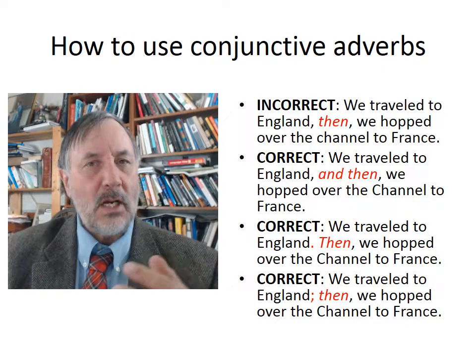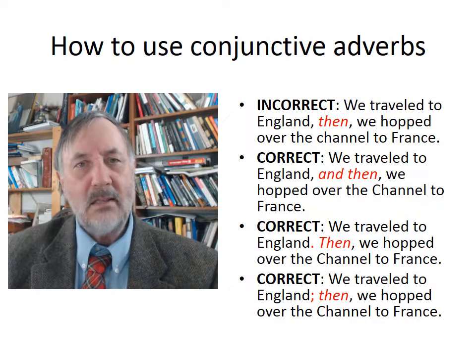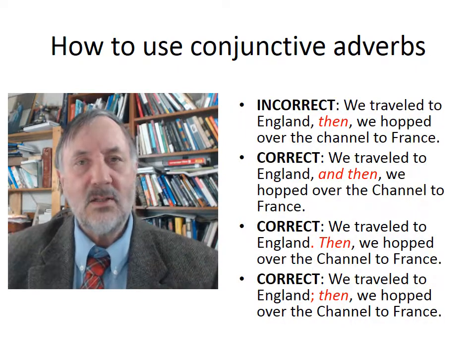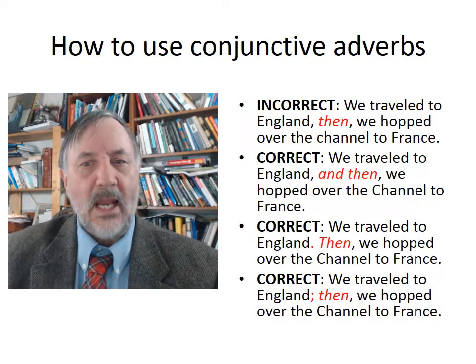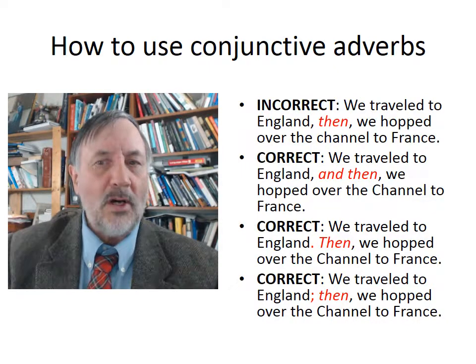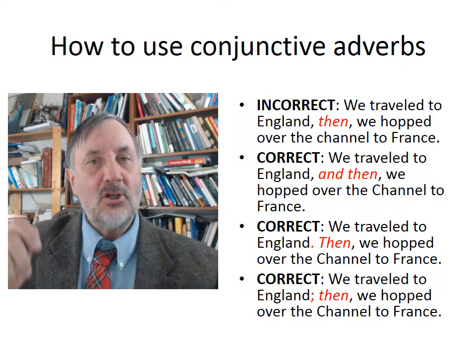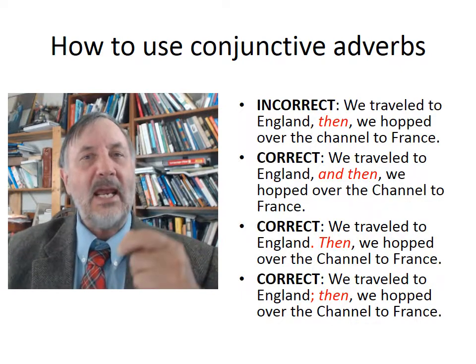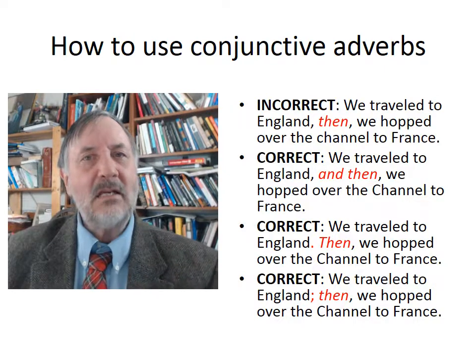So there are some possible alternative ways to write this pair of sentences, or these two ideas, that are correct. We see the first one: "We traveled to England and then we hopped over the channel to France." So you use the conjunctive adverb with a conjunction proper, and then.